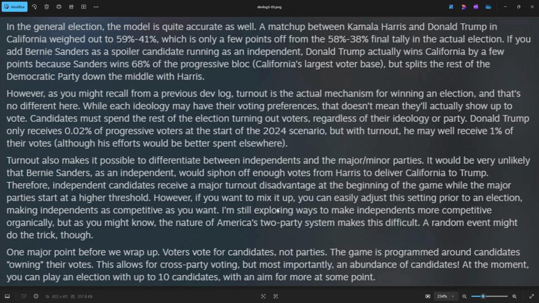This will be great because we know that in the 2016 Republican primaries there were like 16, 18, I don't remember exactly, candidates at some point, and in the 2020 primary elections of the Democratic Party, there were 29 candidates. Very huge numbers. I can't wait to play this game, guys.